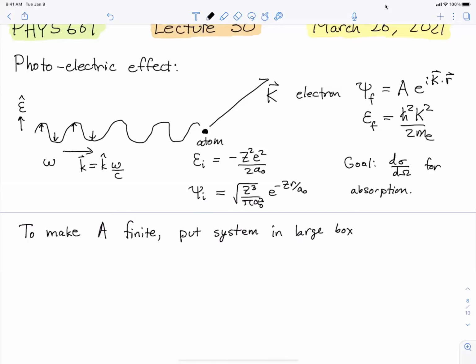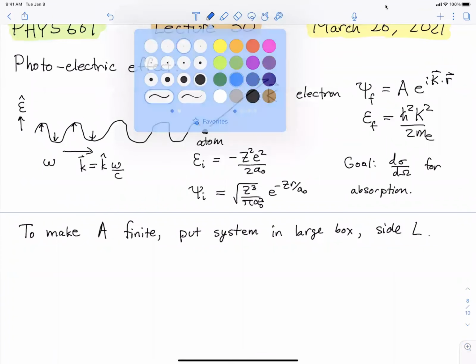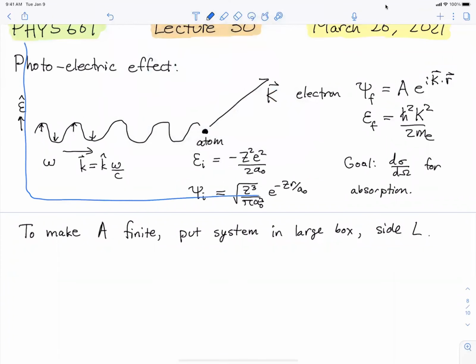And we'll call the sides of the box L. Okay, and so going back up here, here's our giant box that includes everything, some cube.